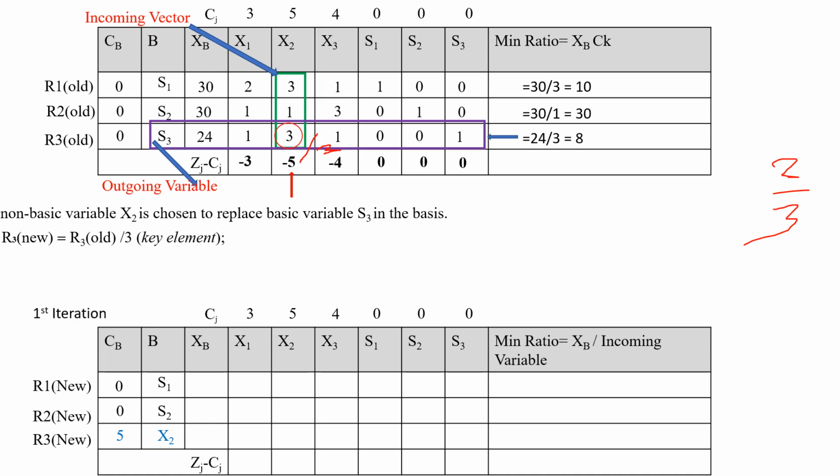So first I have to do the row operation R3 new equal to R3 old divided by 3.